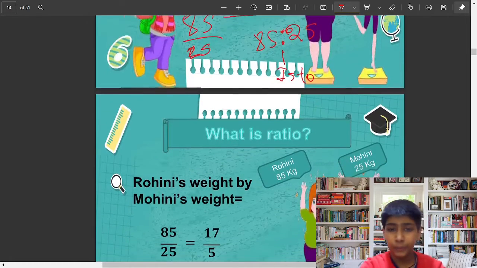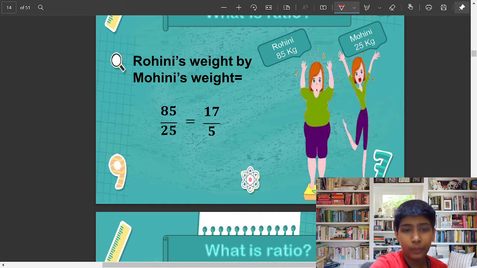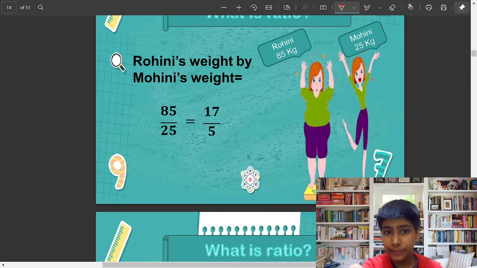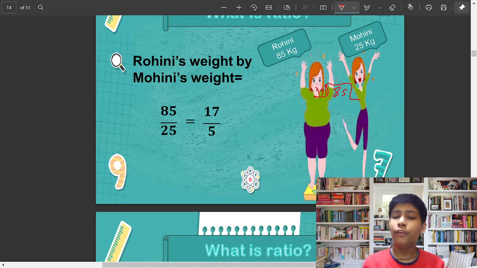So what is the ratio of it? 85 upon 25, when we divide it by 17, what will you see?